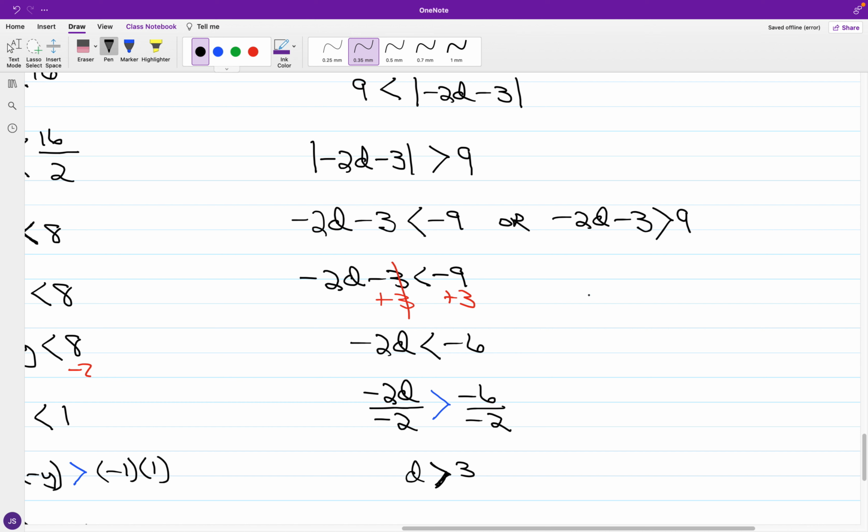Now for the other case, where we have negative 2d minus 3 is greater than 9. Again, adding 3 to both sides, we have negative 2d is greater than 12.